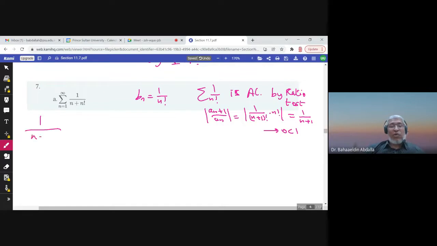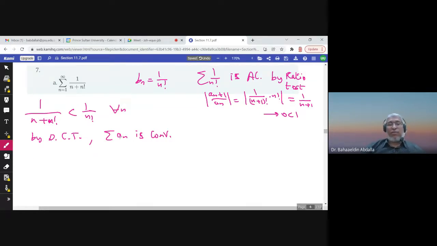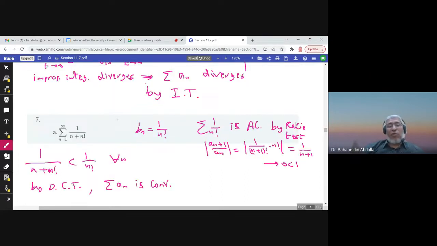And it's clear that 1 over n plus n factorial is less than 1 over n factorial for all n. So by direct comparison test, summation an is convergent because summation 1 over n factorial is convergent. If you want to compare it with 1 over n, well, this is not greater than 1 over n. This is less than 1 over n. So that's why I tried 1 over n factorial.